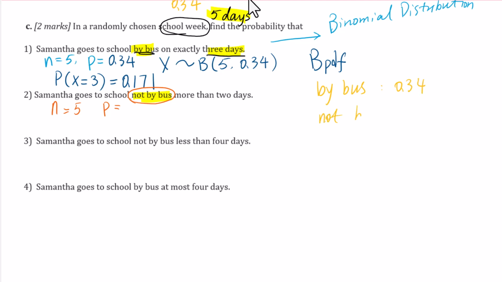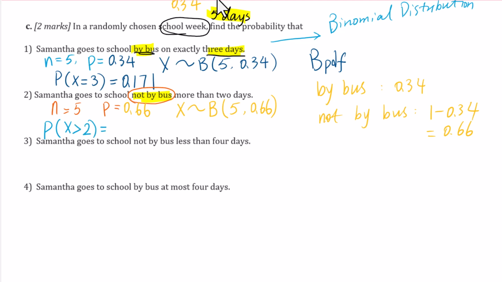Not by bus: 1 minus 0.34 equals 0.66. X follows binomial distribution with 5 trials and 0.66 as the probability of going to school not by bus. We are looking for probability of X greater than 2.